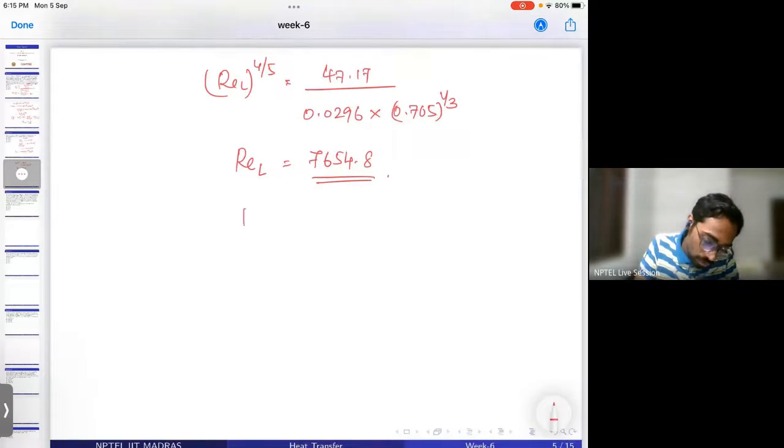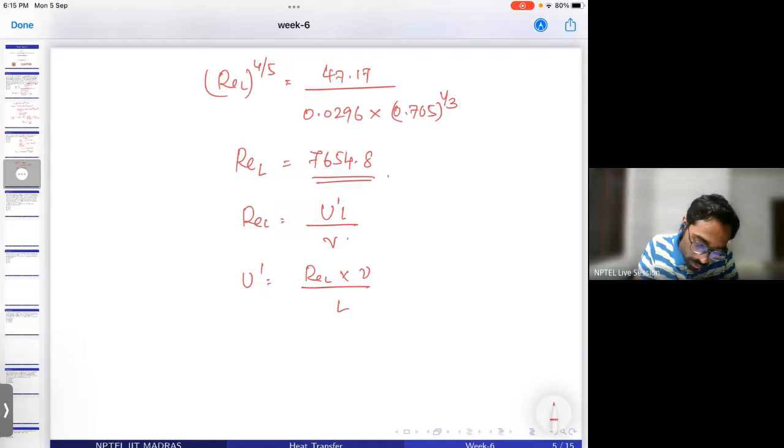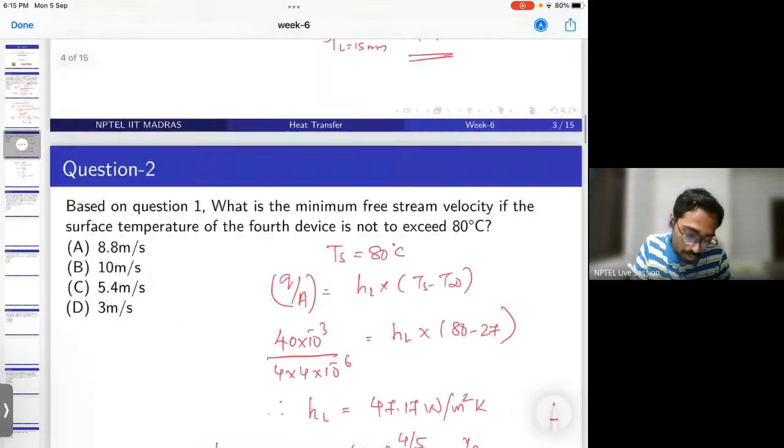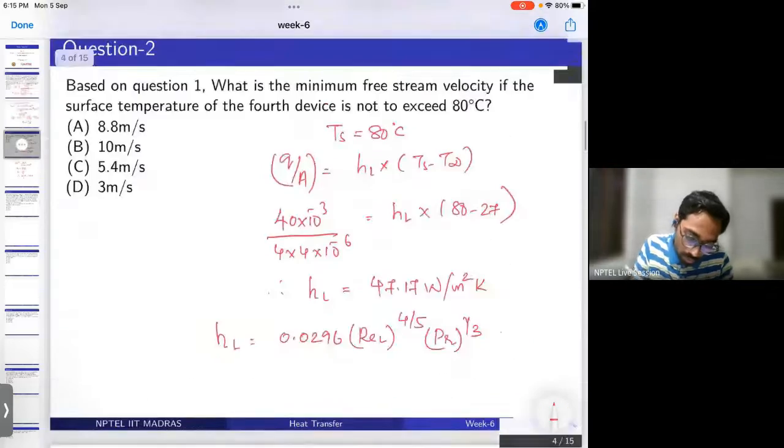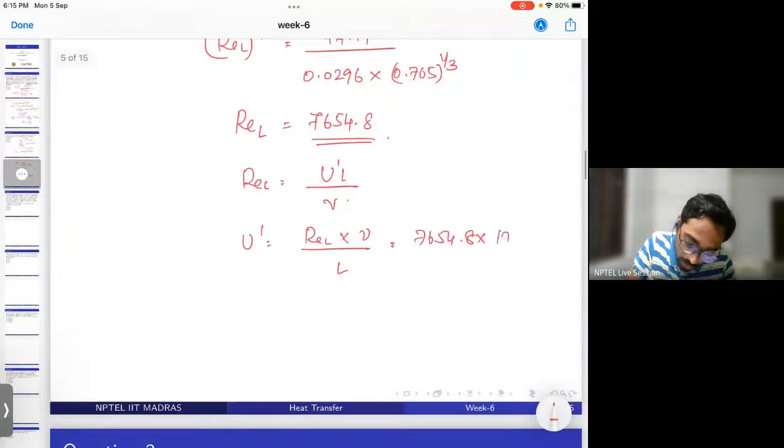So what is the Reynolds number? Equal to u dash L divided by mu, where I'm taking the new velocity as u dash. So u dash is equal to Reynolds number at L into mu divided by L. It is 7654.8 into mu, which is given as 17.4 into 10 raised to minus 6, divided by L, which is 0.015.